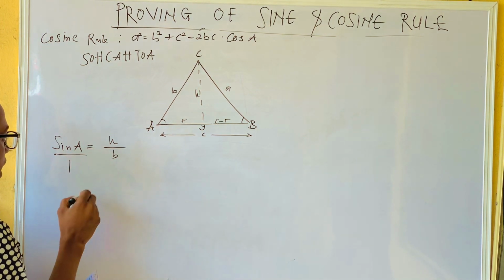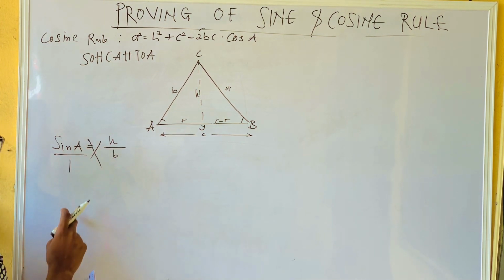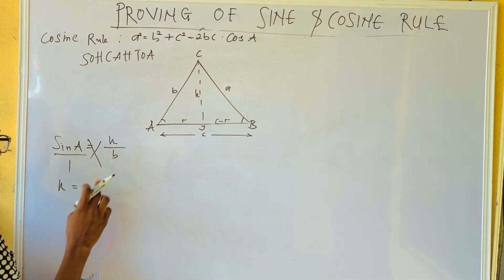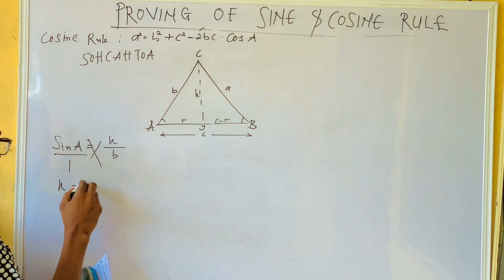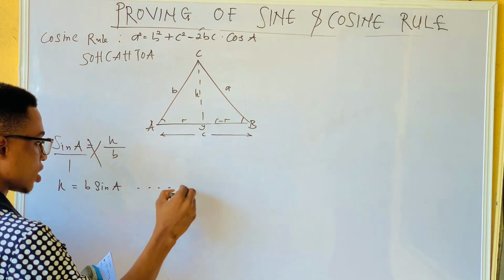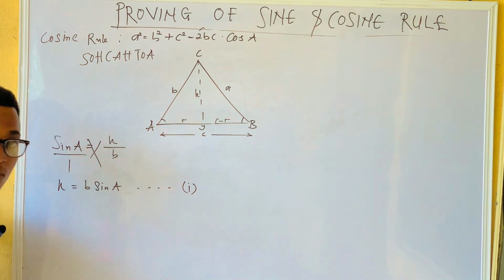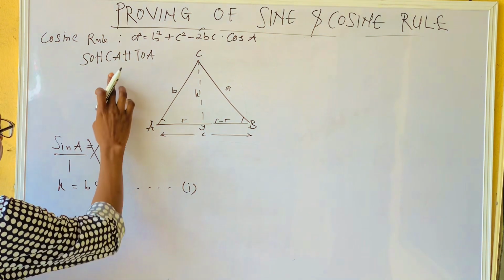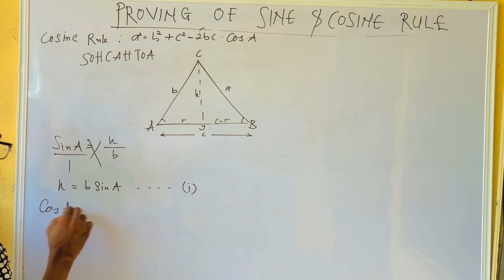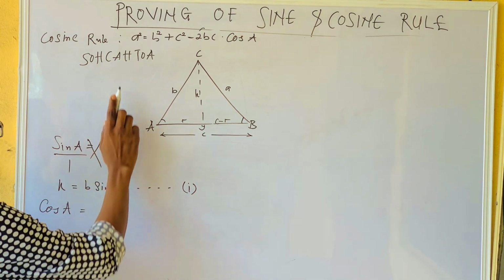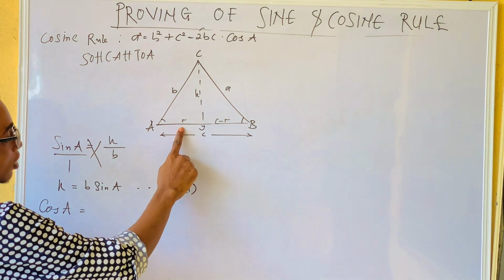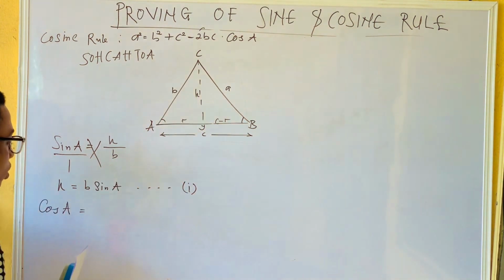We need to cross multiply. So h multiplied by 1, we have h, equals b multiplied by sine A, we have b sine A. Let's denote this as equation 1. Talking about cos, we have cos A is equal to adjacent over hypotenuse.